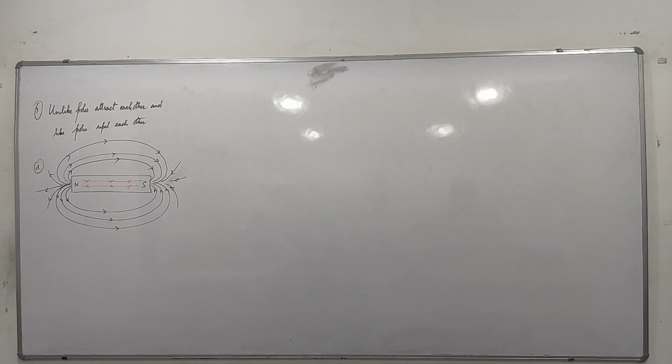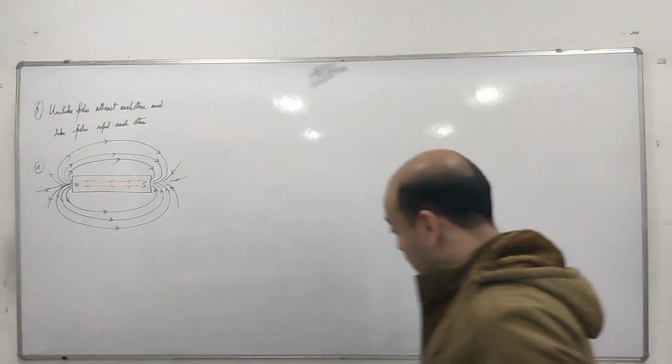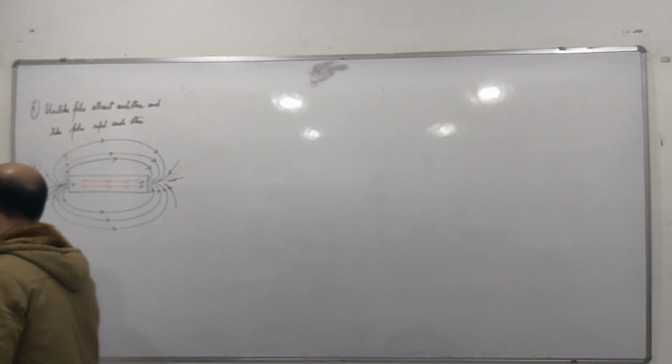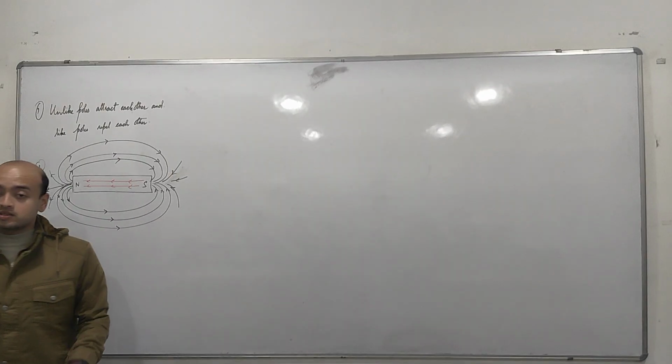Within brackets write, this is outside the magnet. Full stop. Continue the sentence.